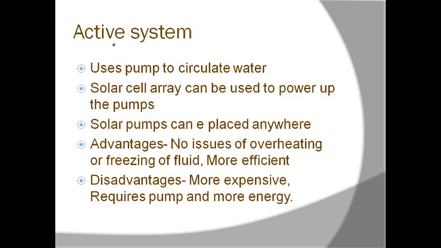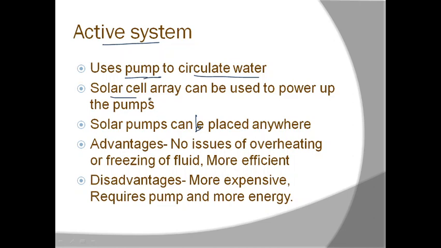In the case of an active system, as the name indicates, we use an active setup, a pump, to circulate water. In order to power up this pump, we use solar cells, so that completely we use renewable energy. And these solar pumps can be placed anywhere.